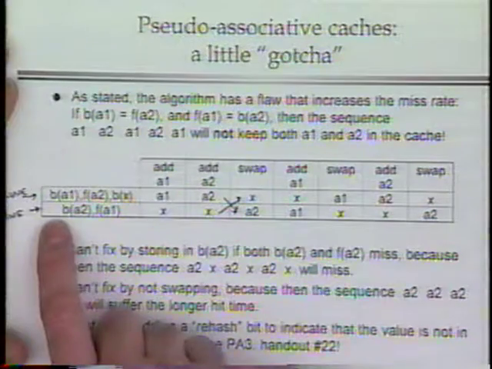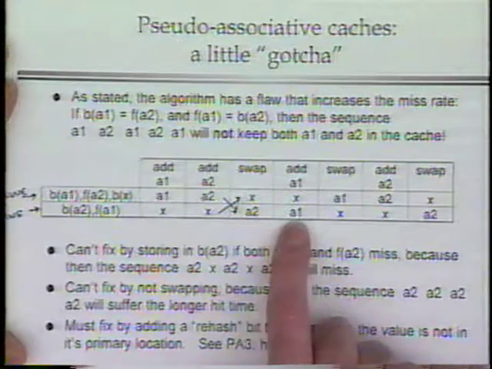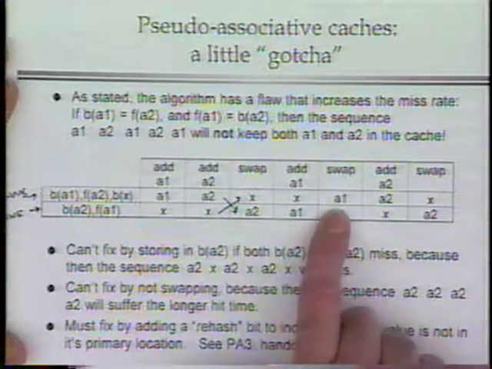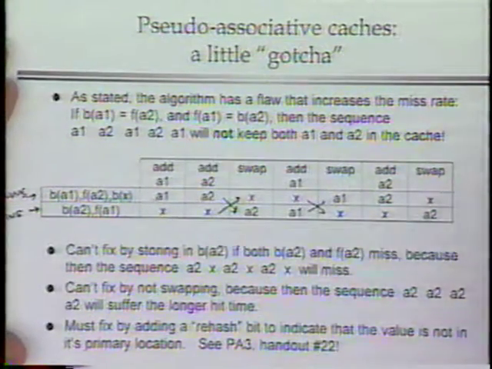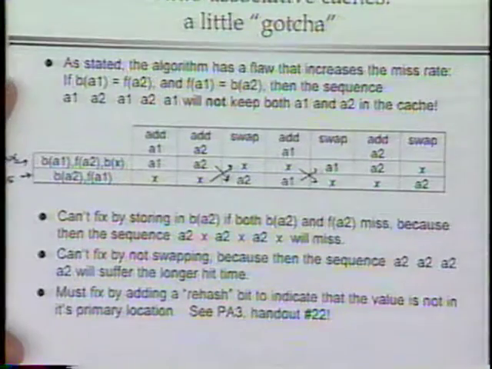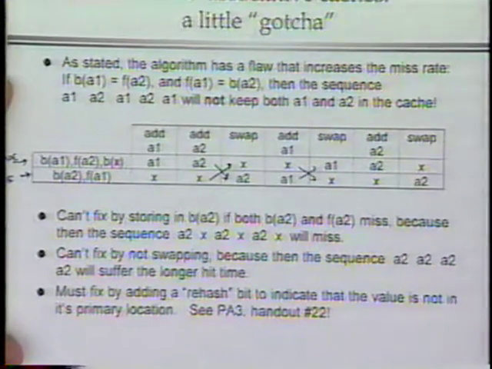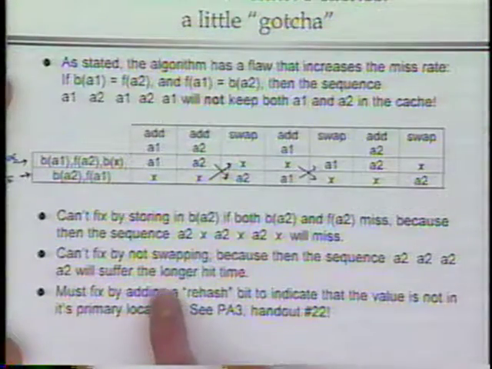We look for its alternate location, which is the second line. It's not there. A2 is there. So we put A1 there instead. And then we swap. And you can see what's happening. A1 and A2 are replacing each other, and X is not being referenced and is hanging around. So that algorithm doesn't work. It's amusing to think for yourself of the various ways you might patch up this algorithm.